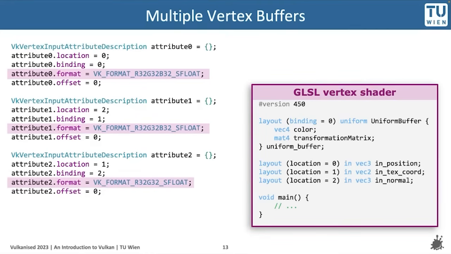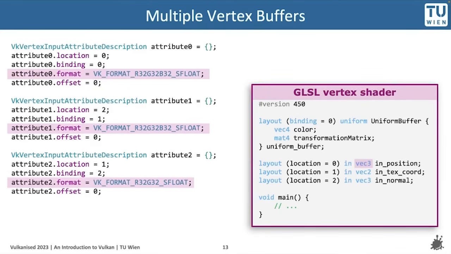We also need to set the format of the input. We specify the normals and the positions with vector 3, with 3 32-bit floats. And for the UV coordinates, we only need 2 32-bit floats. And the same goes in the shader.